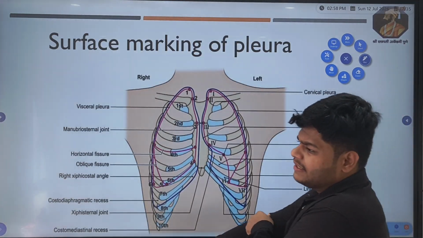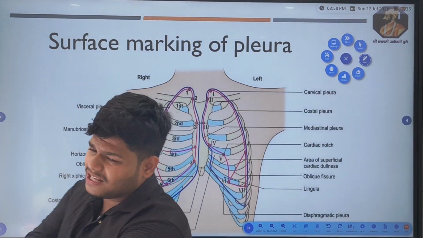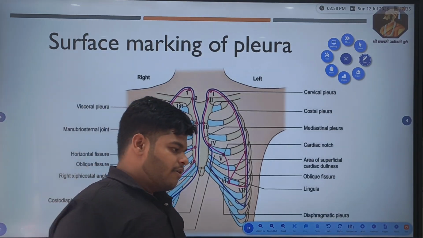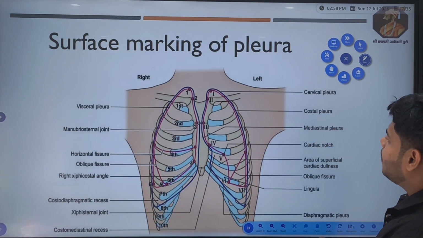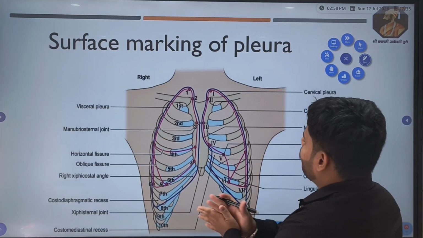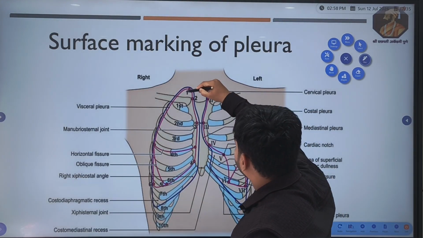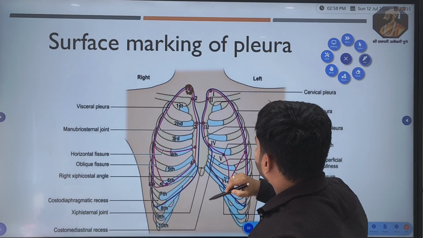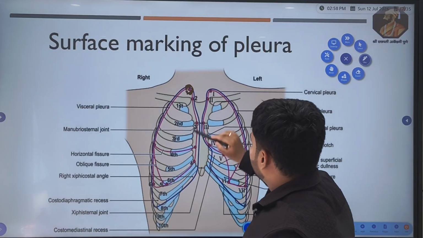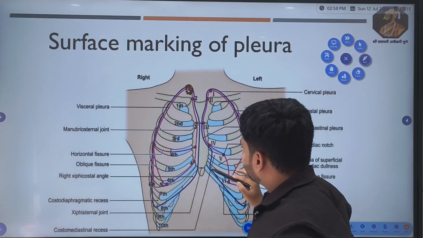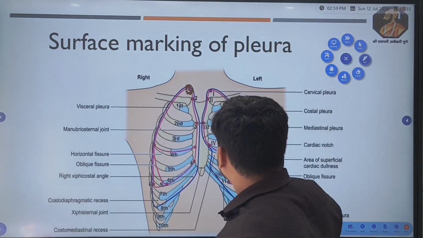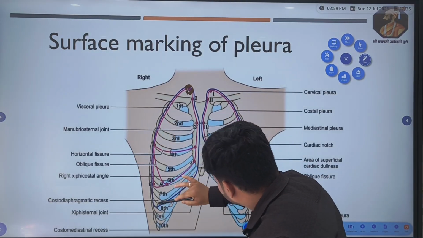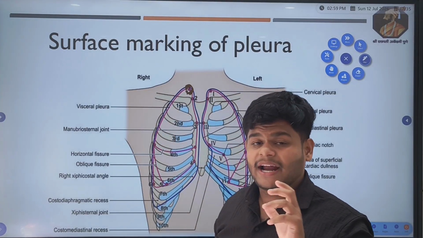Now let us see the surface marking. Surface marking is essential with regard to the lungs and the pleura. Here the first point is called the apex. This pink line shows the visceral pleura, and this blue line shows the parietal pleura.